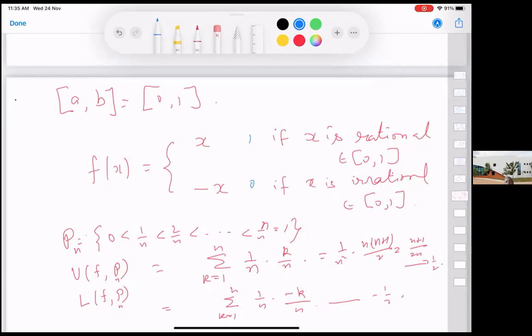So the point is, rational numbers are everywhere. You take any interval, there will be rational numbers and irrational numbers. So you keep different rules for the definition of f, one for rational and another for irrational. Then upper and lower bounds may agree, may not agree. It all depends on what you are differentiating between the rationals and irrationals.